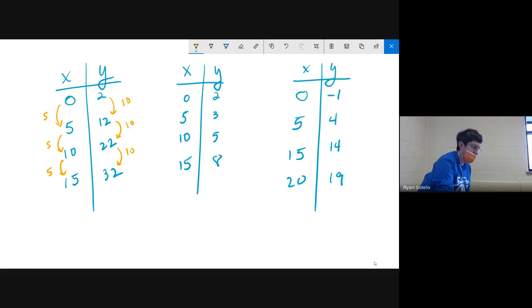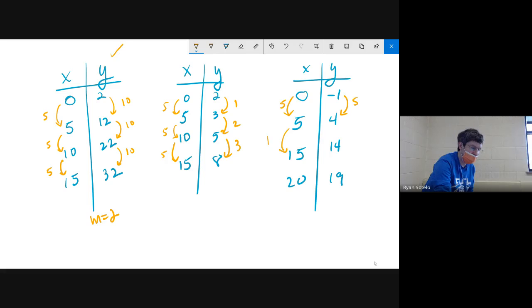The second one isn't a line, the third one is. This one goes up by 5, 1, 5, 2, 5, 3, so that's not a line. This one goes 5, 5.